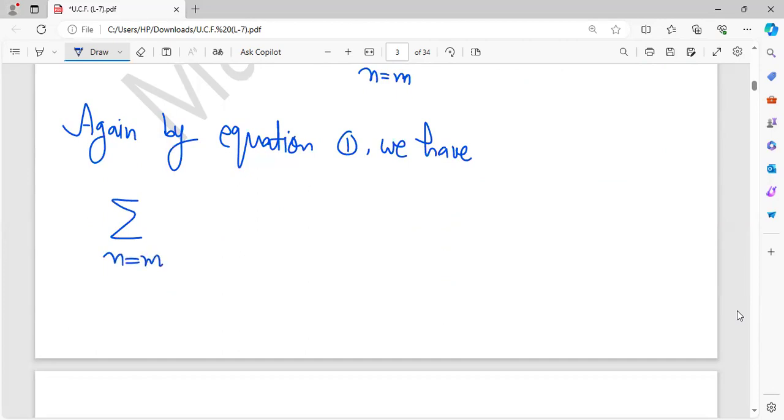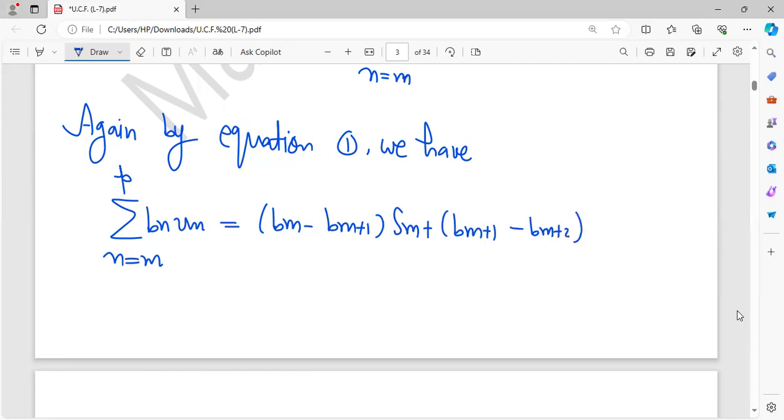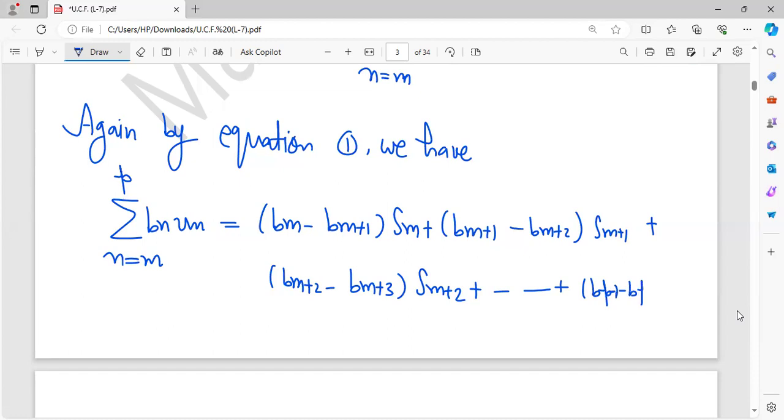What is that? The summation n goes to m to p of Bn Un is Bm minus Bm plus 1, that is Sm, plus Bm plus 1 minus Bm plus 2, Sm plus 1, plus Bm plus 2 minus Bm plus 3, Sm plus 2, and so on, Bp minus 1 minus Bp, Sp minus 1, plus Bp Sp.